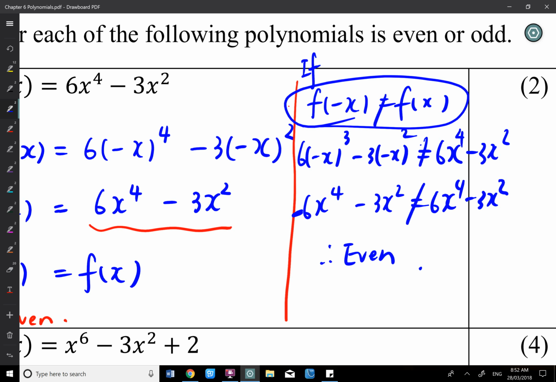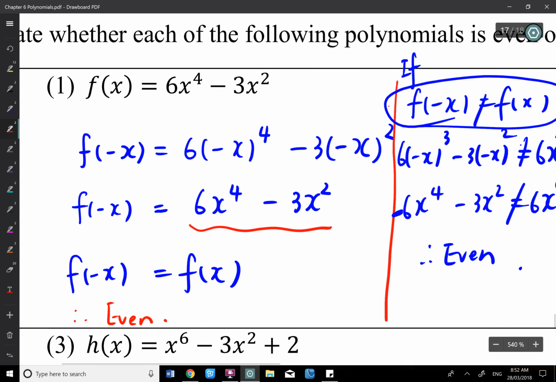I can't say anything now, it stopped. So it's a wrong assumption. I can't assume anything because there's not enough information for me to see whether they are equal or not. We can't start.